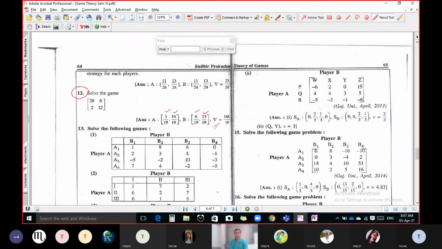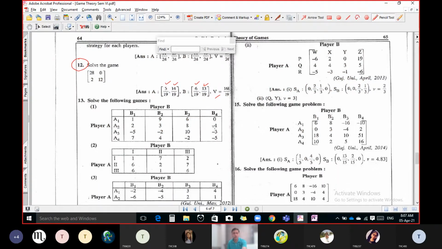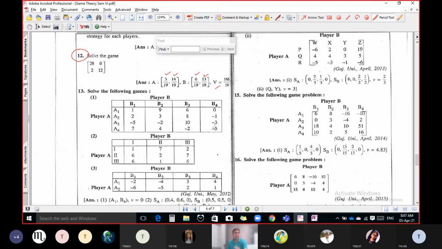So once again, first of all we have to check whether the saddle point is there or not. If not, then you have to find out probability. But for 2 by 2 it is simple. Now let us do this question first. The first step is to find the row minima.